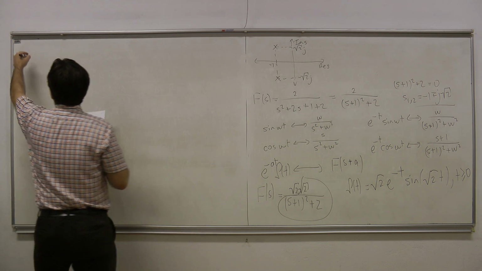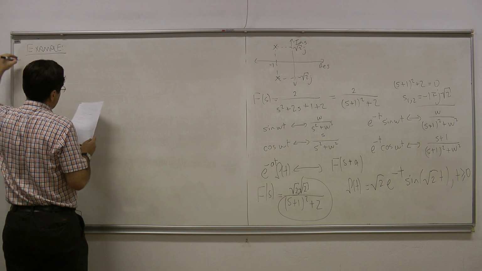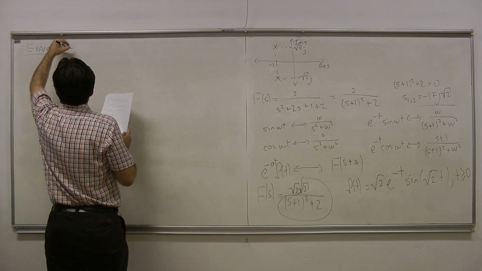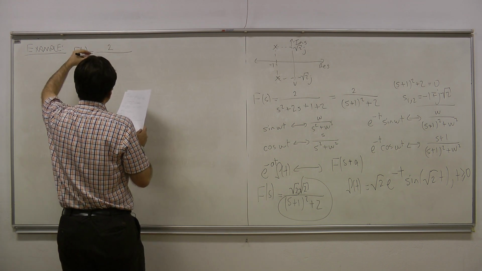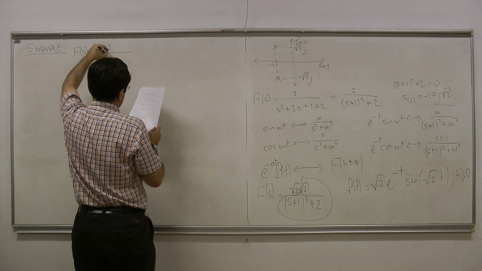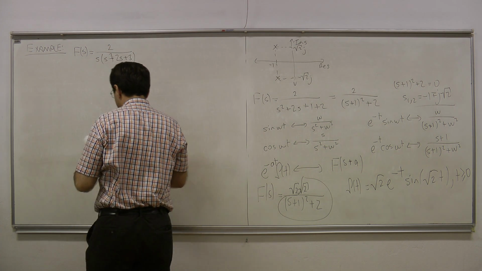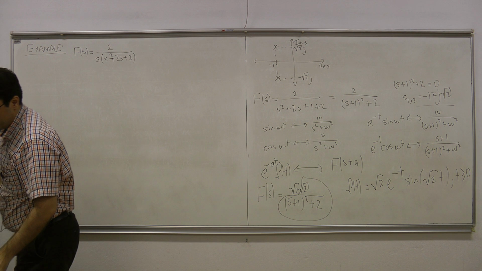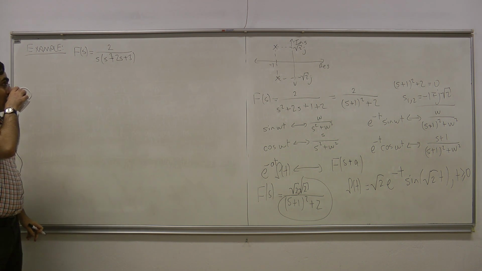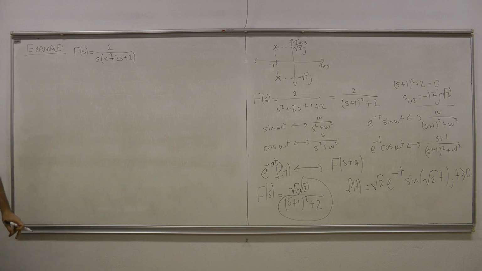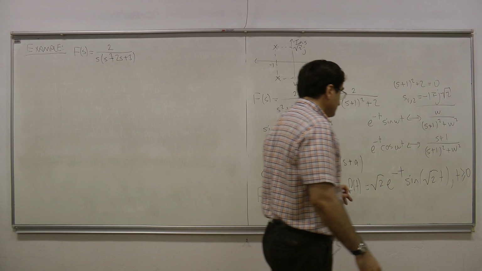So this example is going to be like this. F of s is looking like this. It is s squared plus 2s plus 3. I just added an s term here in the front.